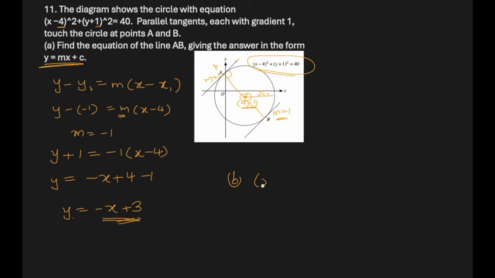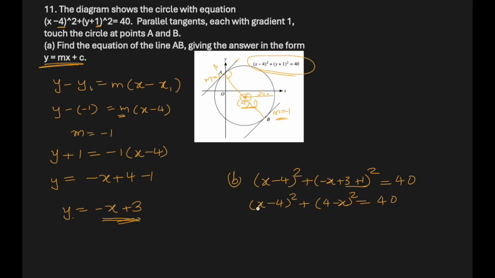(x minus 4) squared plus y plus 1, squared. Y is now minus x plus 3, and then we have plus 1 also. Squared equal to 40. So we get (x minus 4) squared plus (4 minus x) squared equal to 40.